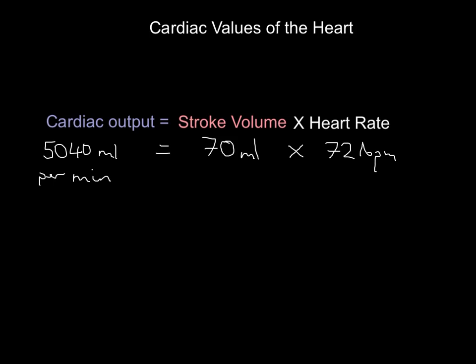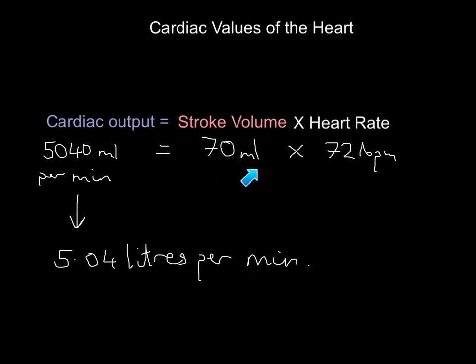Now remember, there's 1,000 millilitres in a litre, so we could write that even simpler as 5.04 litres per minute. And that's about right. If you read most textbooks, at rest, whilst you are sitting there watching this, your heart will be pumping out around about, just a little bit over, 5 litres of blood per minute.